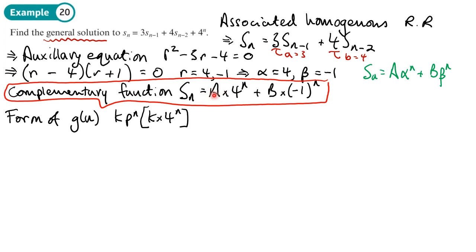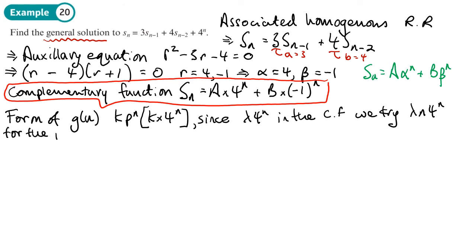That appears in our complementary function. So normally we would say, right, try lambda p to the n, but since we have something like lambda 4 to the n in the complementary function, we multiply by n: we try lambda n times 4 to the power n for the particular solution.